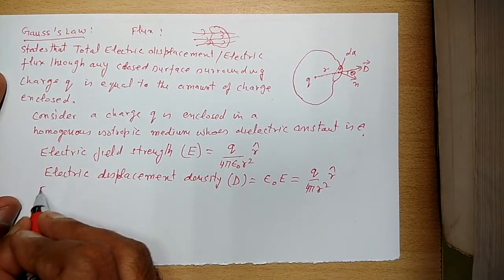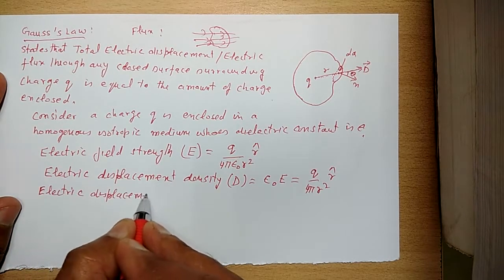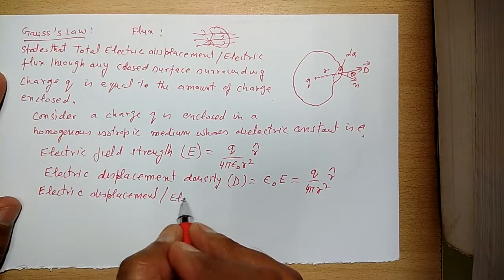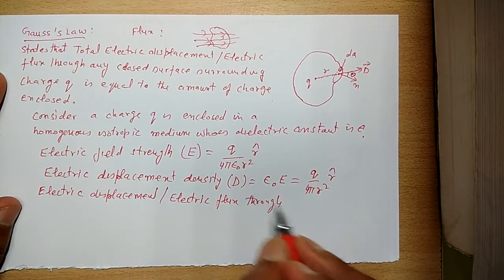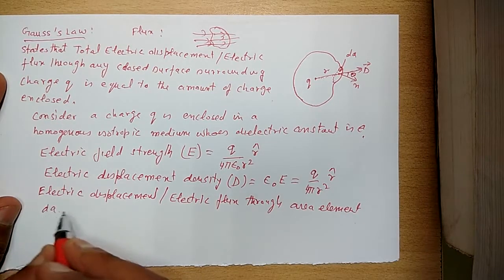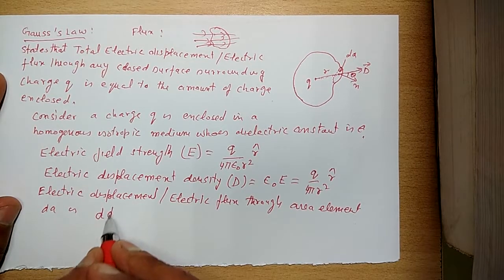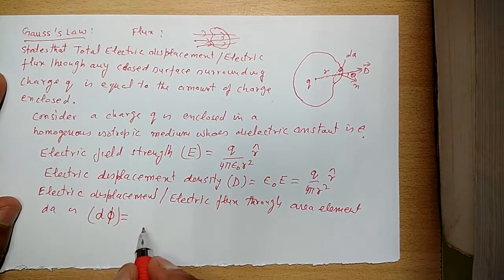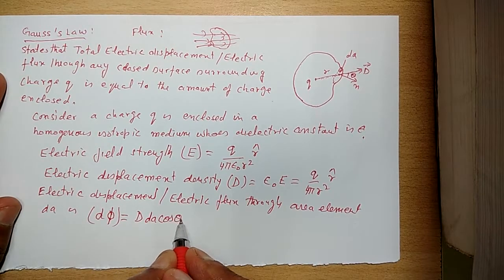That electric flux or electric displacement flux through area element dA we can represent with d phi is equal to D into dA cos of theta.